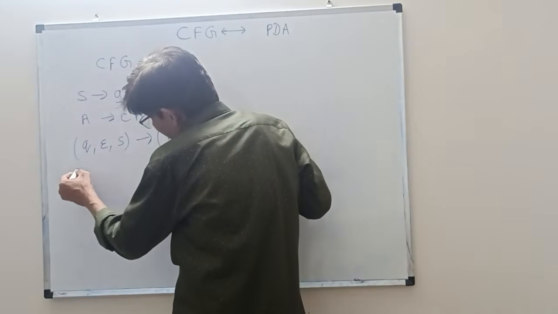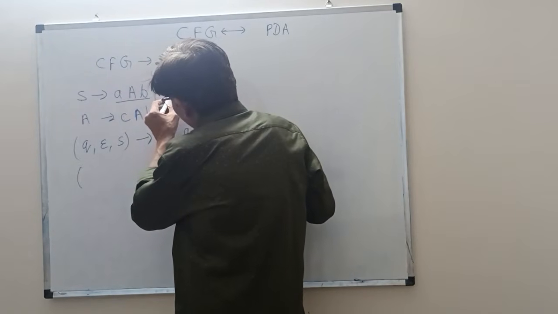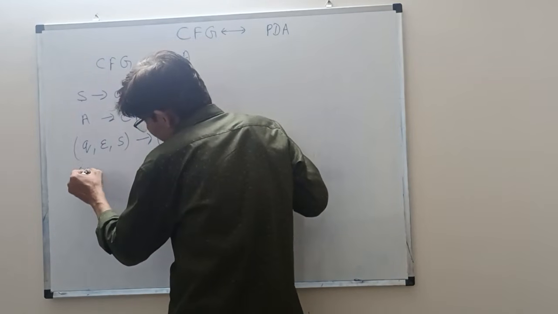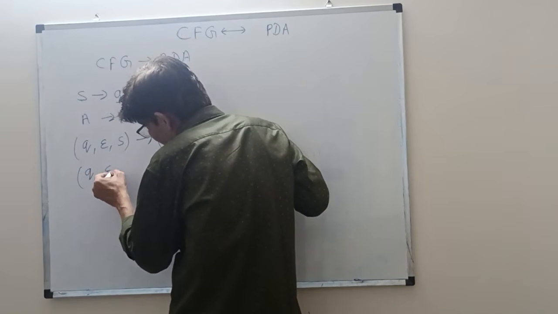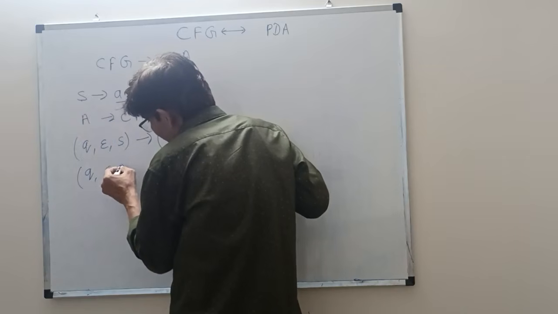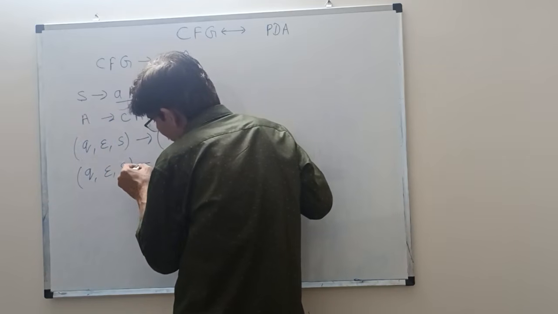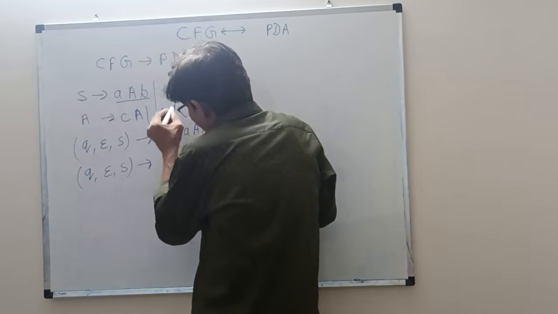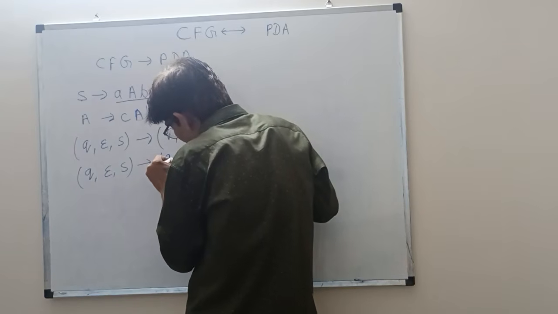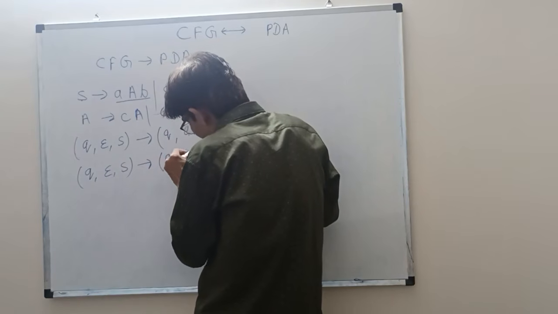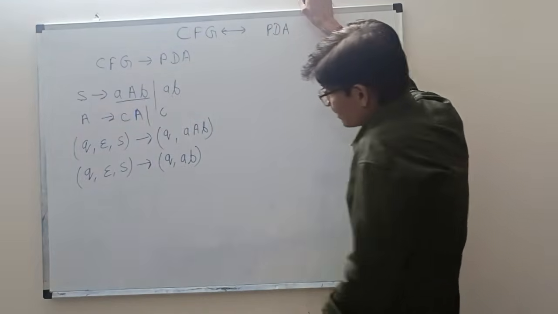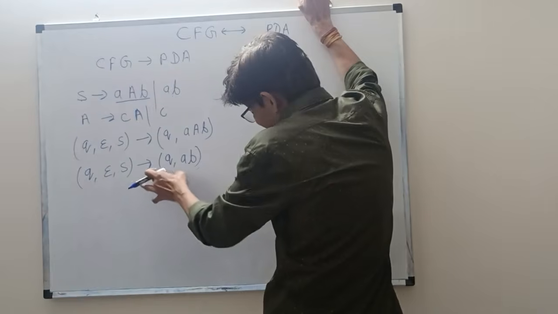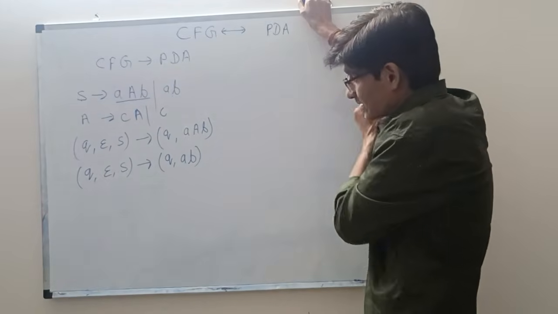And the same thing I will do for this: I'm in Q, reading epsilon again, and the stack top is the left-hand side variable, so I will stay in Q and push AB into the stack. This is how I have converted both productions of S into corresponding transitions.